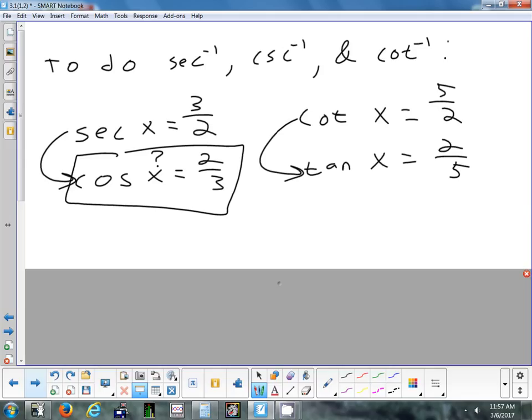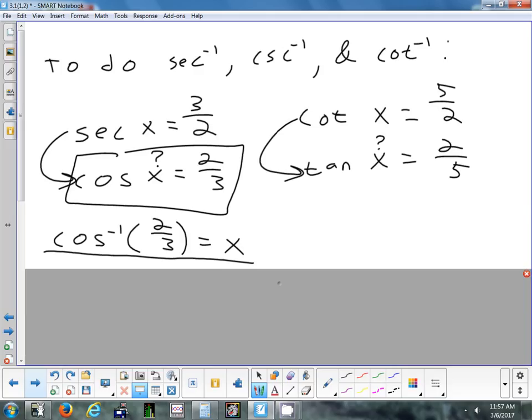Yeah, it's going to be something with inverse cosine. And what would you type in? Inverse cosine of what? Two-thirds, yeah. This is how you answer the question that's in that box. You type in the inverse cosine of 2/3.